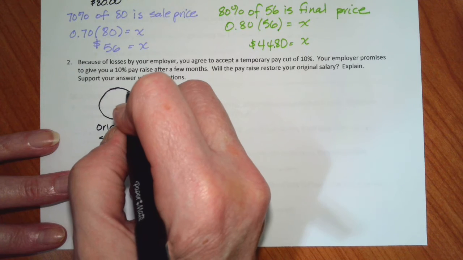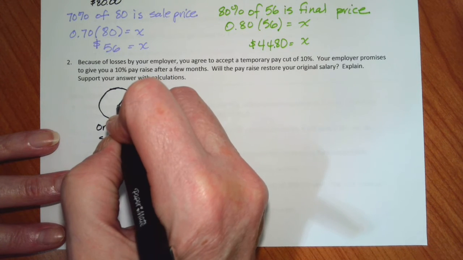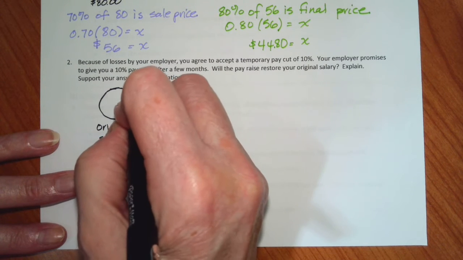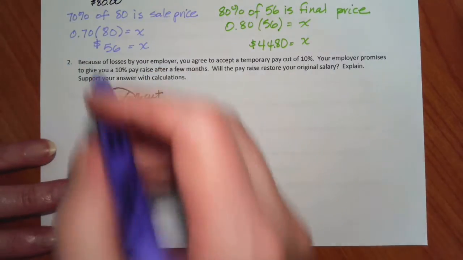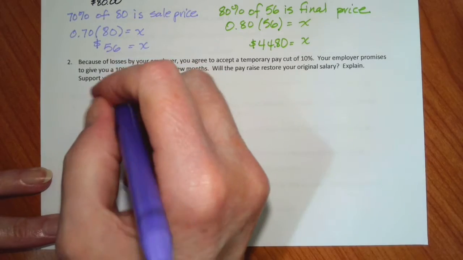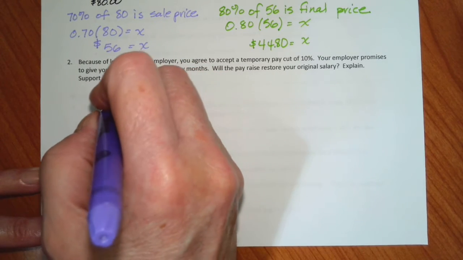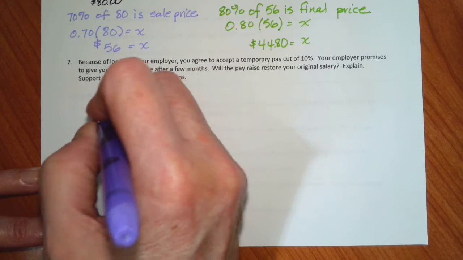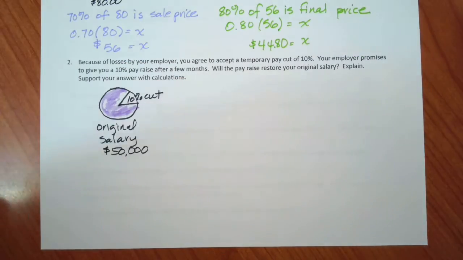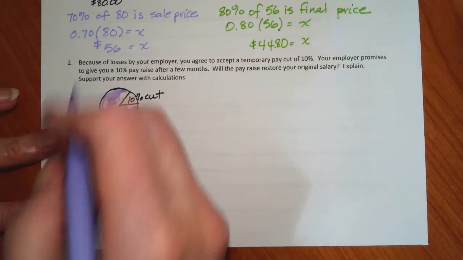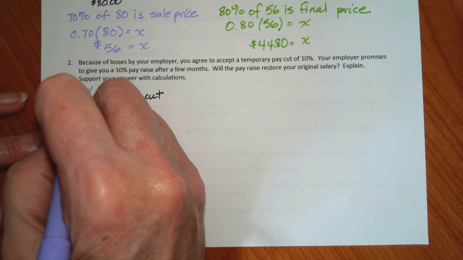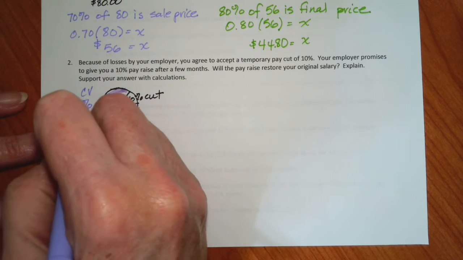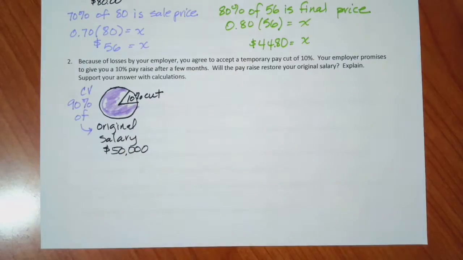And they are going to take away 10% of this. So our compared value is going to be this portion here. Our compared value is 90% of the original salary.